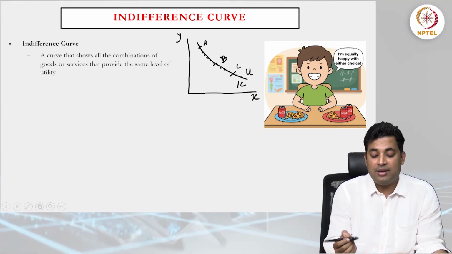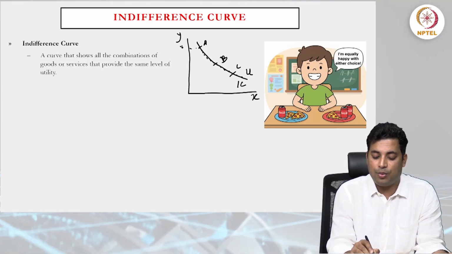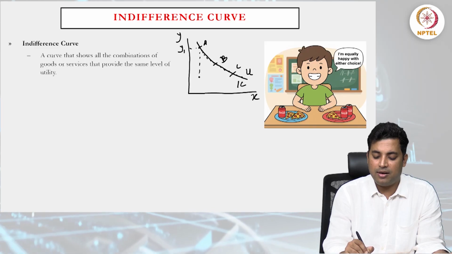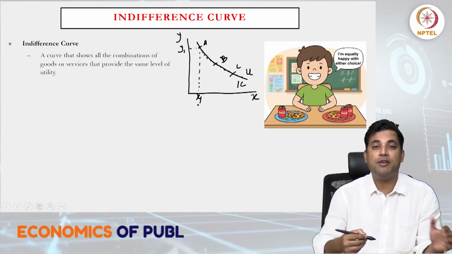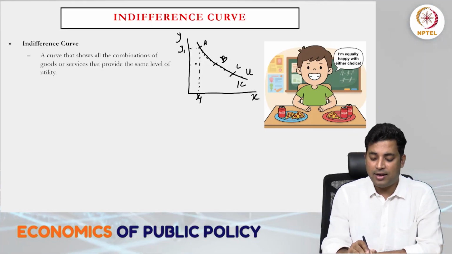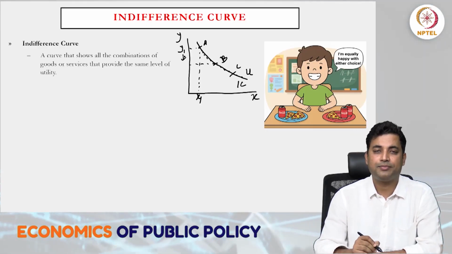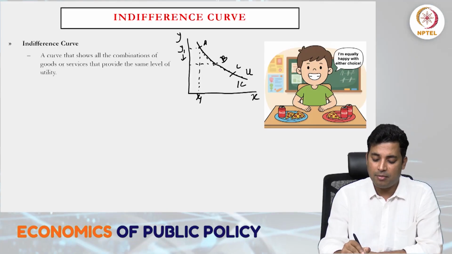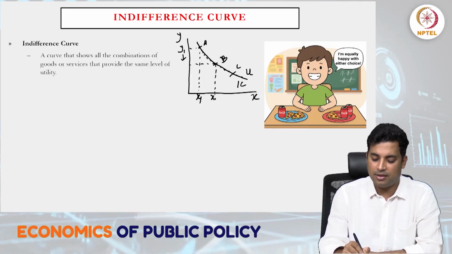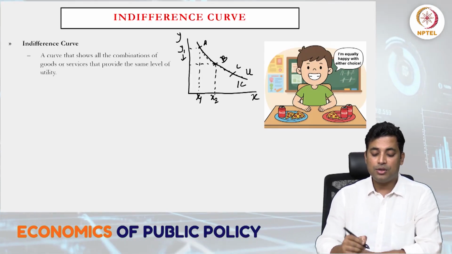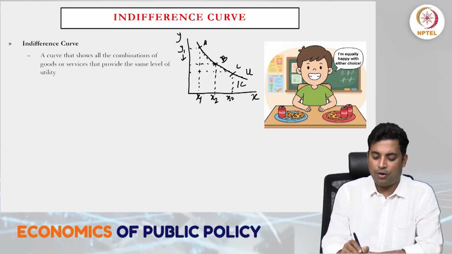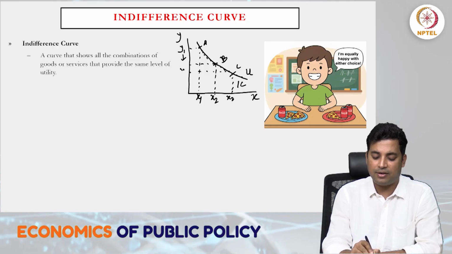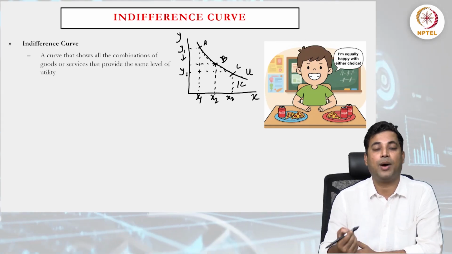In the case of A, I'm having more y and relatively less x. If I move from A to B, I'm having less y, but at the same time I'm getting x2. Likewise in the case of C, I'm getting more of x3 and further less of y.